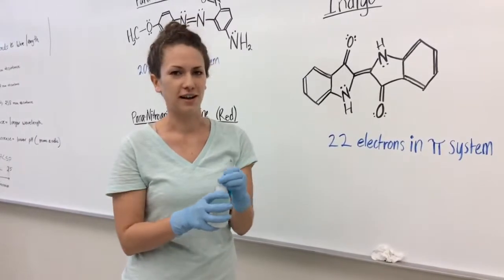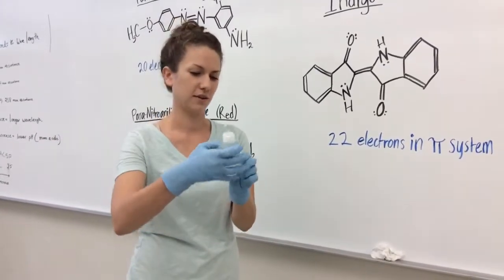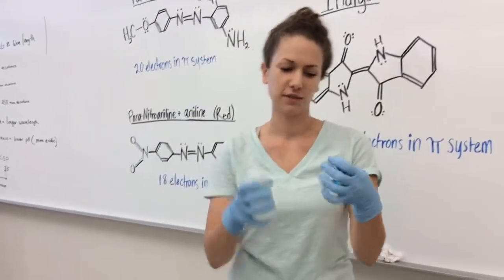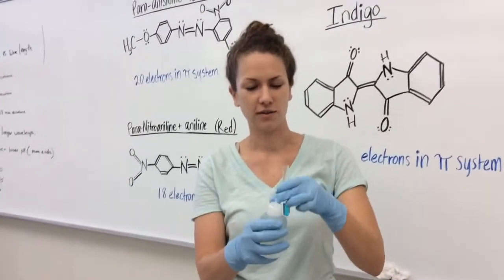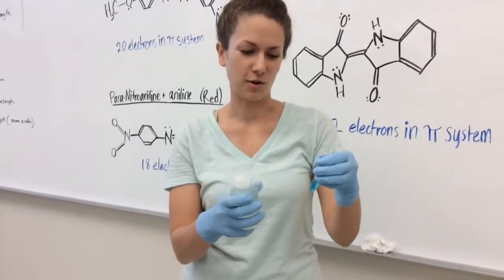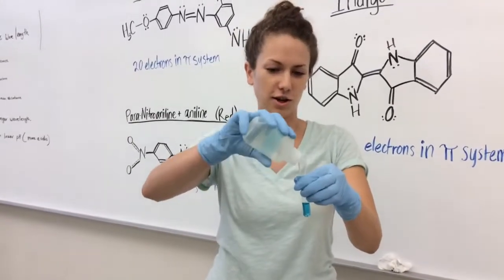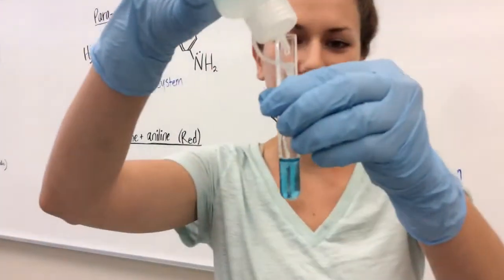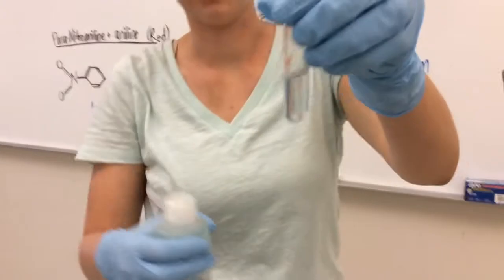When you basify indigo, with some NaOH here, it actually comes out of solution and it no longer has its dark color. As you can see, it's turning clear there.